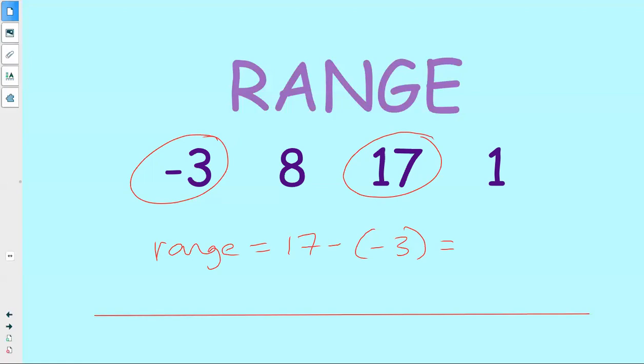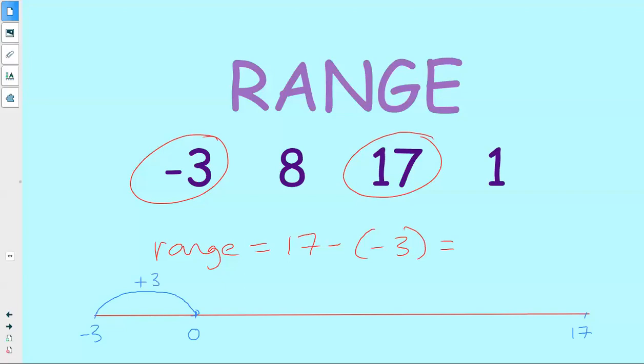This here is -3, sorry. This here is 0 perhaps. And the end number here is 17. What do I need to do to get to 17? So I'm at -3. If I jump from -3 to 0, I'm adding on 3.